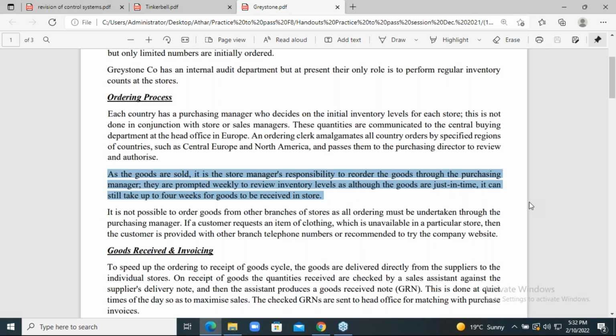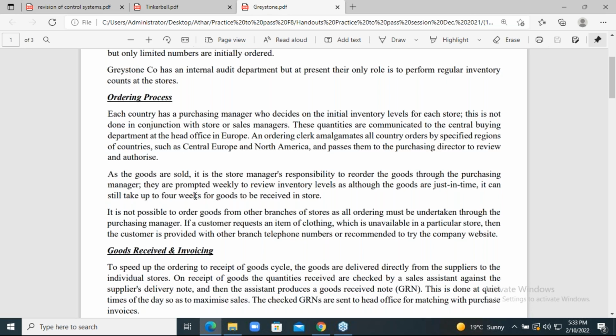They are prompted weekly to review inventory levels, as although the goods are just in time, it can still take up to 4 weeks for goods to be received in stores. So if they are short of goods during the year, it's the responsibility of the store manager to order. But what is the deficiency? The deficiency is that it can still take up to 4 weeks.